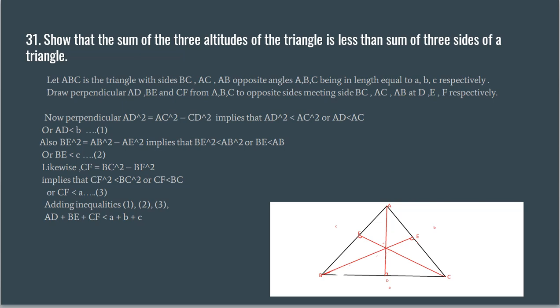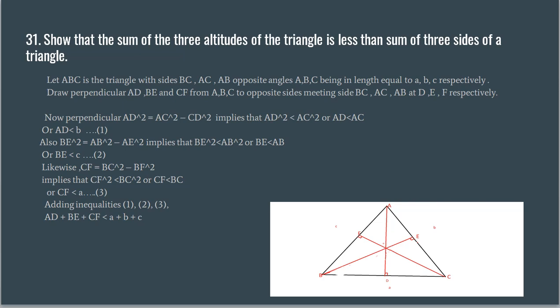BE and CF. Now, because the altitudes are perpendicular, they make 90 degrees with the side of the triangle they fall on. So looking at triangle ADC firstly, because it is a right angle triangle, AD square is equal to AC square minus CD square by Pythagoras theorem.